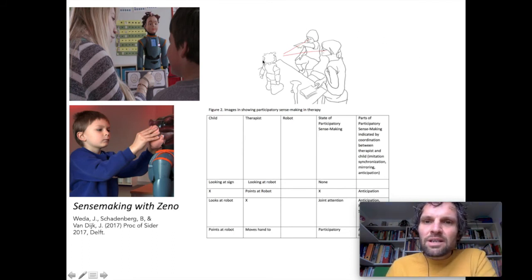So there are all kinds of assumptions in how this whole study was set up that determine what the social rules are for how the child should interact with the robot and with the therapist. And these were all based not on autistic ways of sense making, but on the standard, normal, non-autistic way of sense making.